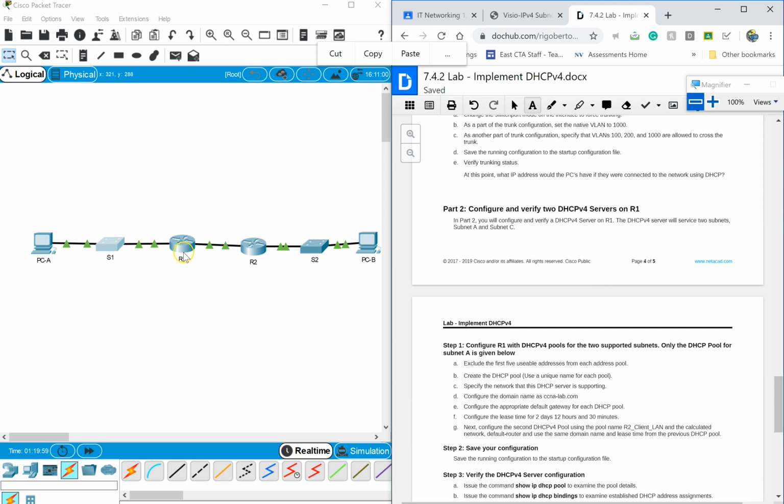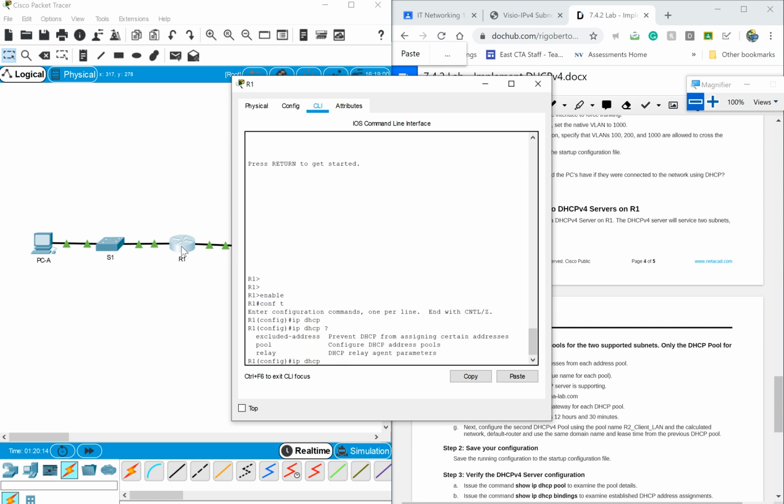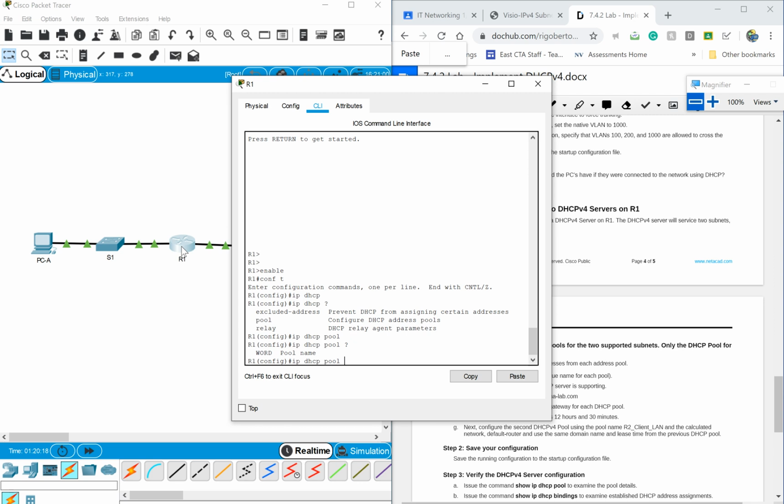so let's start with this one. All right, so we're in conf t, so we're going to ip dhcp pool. All right, so what are we going to call the pool?